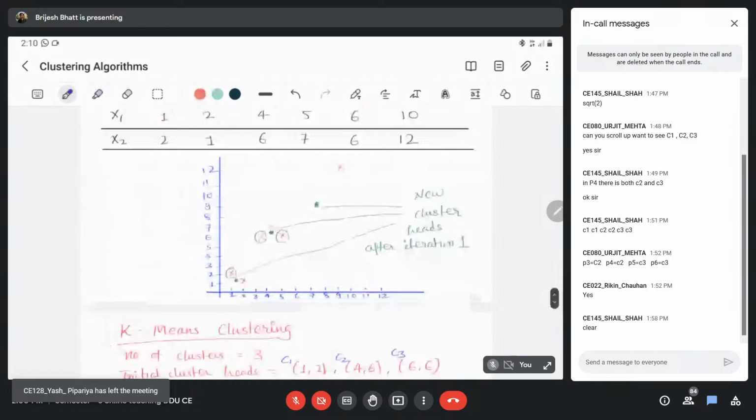If you want to generate 2 clusters, you can do it. And if you want to generate 4 clusters, you can do it also. To generate 2 clusters, you can cut from here. If you cut from here, you get 2 clusters. If you cut from here, you get 3 clusters. How many? 1, 2, 3, 4, 5 clusters.